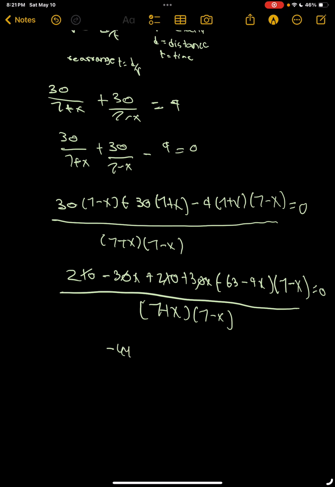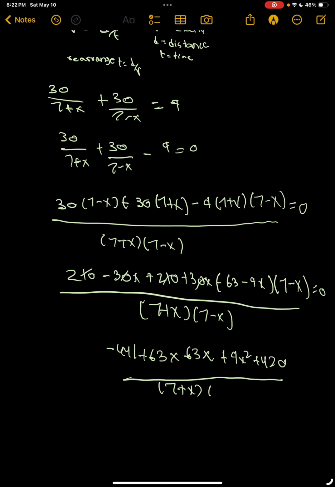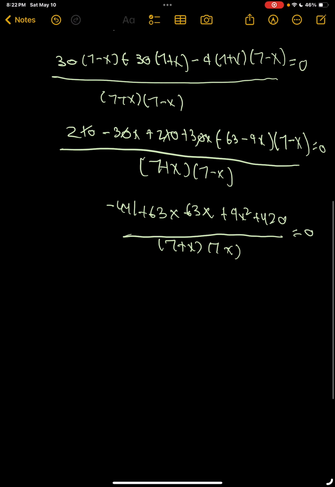negative 441 plus 63x minus 63x plus 9x squared plus 420, over 7 plus x, 7 minus x, equal to 0. Now, once we have that, we can combine these together.